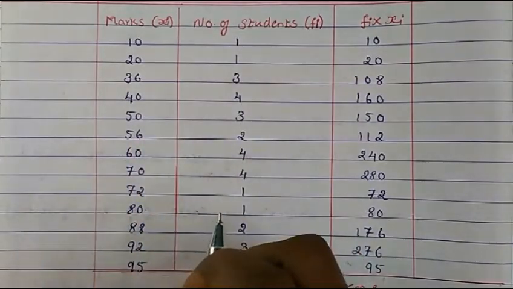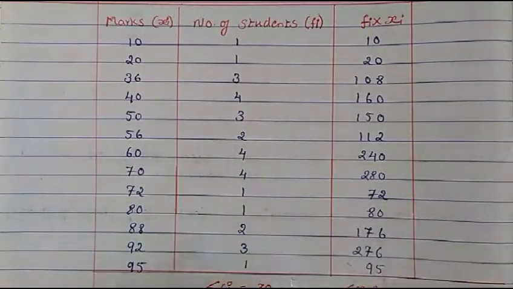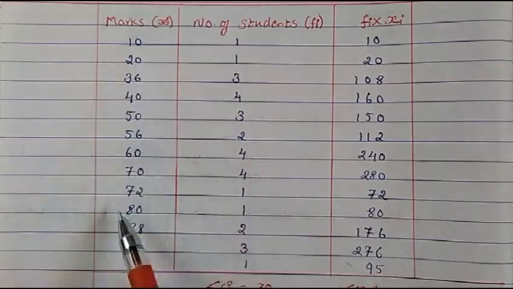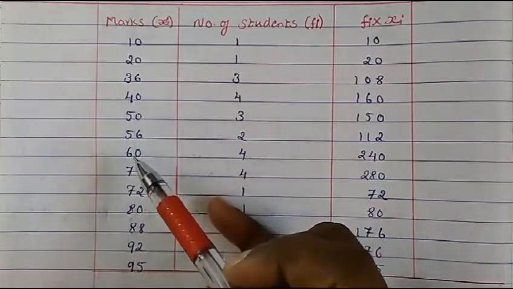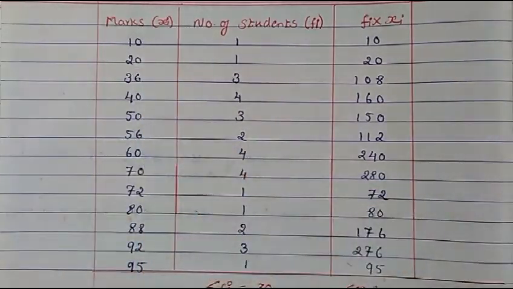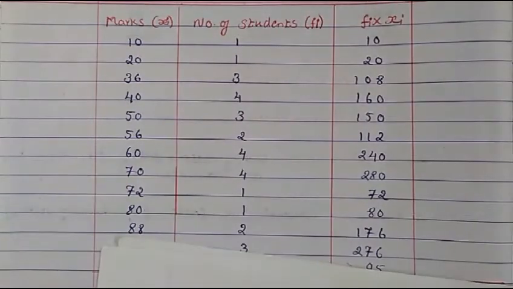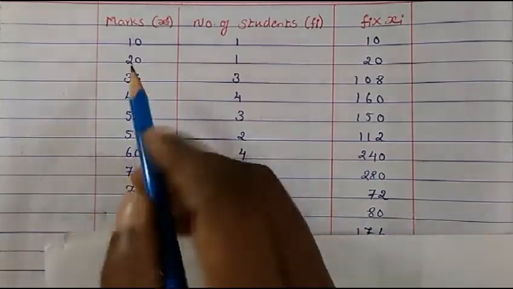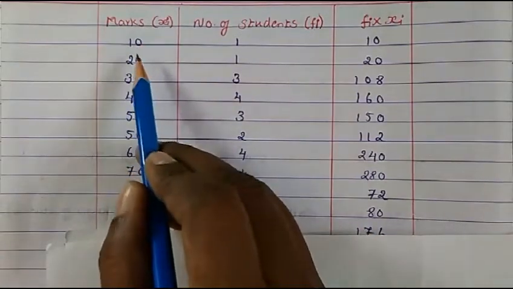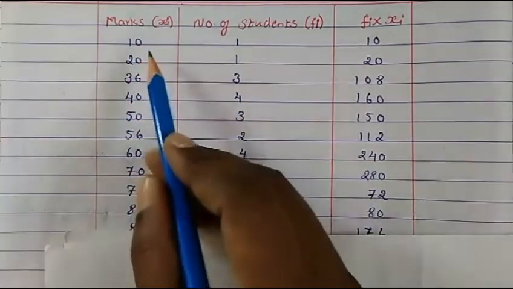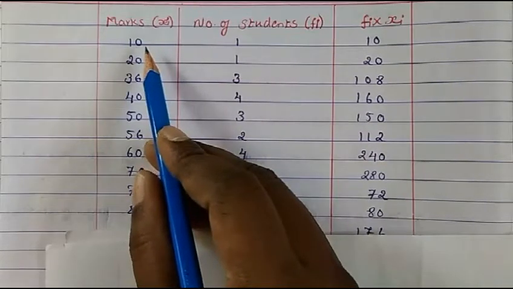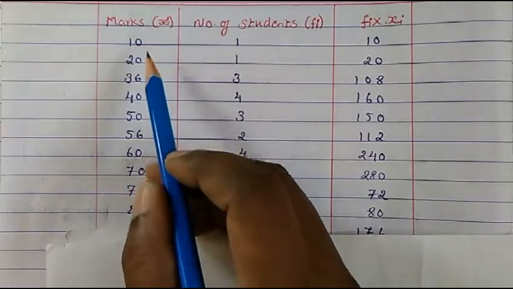But now when we study the direct method, we will modify these marks and arrange them in a specific manner, which we call a class interval. Here 10 marks is the lowest mark, so we give a common difference of 10, 10, 10.